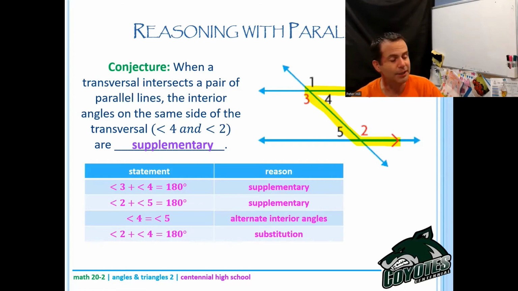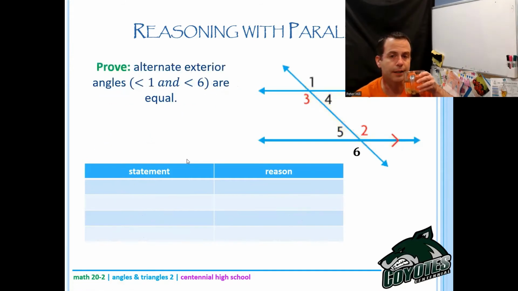Now, again, I just want to clarify, the title of this message was Reasoning with Parallel Lines, okay? And so these properties only work when the two lines that the transversal is cutting across are in fact parallel, okay?